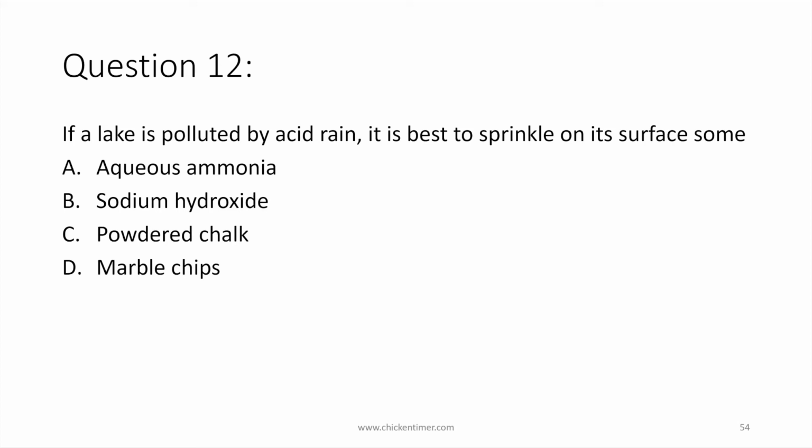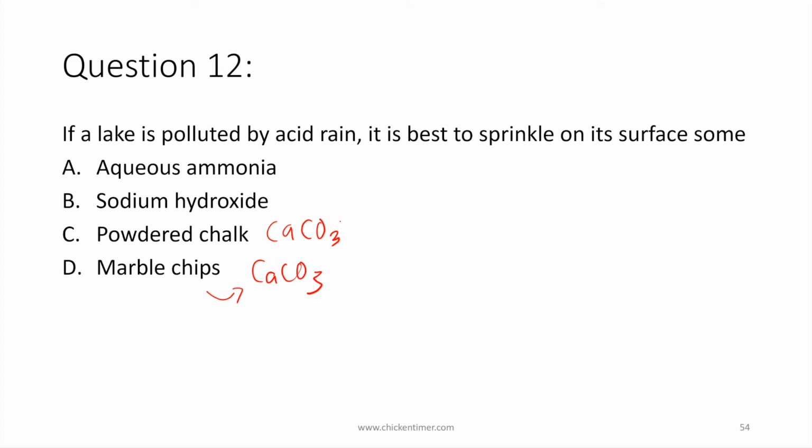Marble chips are okay. Marble chips are calcium carbonate. Then this also in some sense is calcium carbonate. So C and D both are calcium carbonate. One is powdered and one is not powdered. One comes in big pieces.